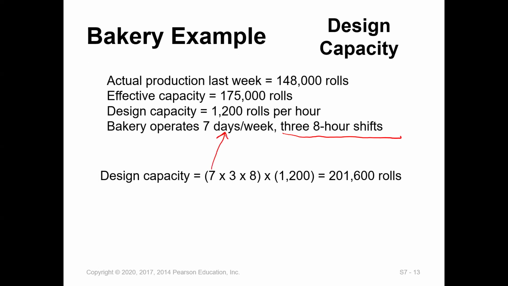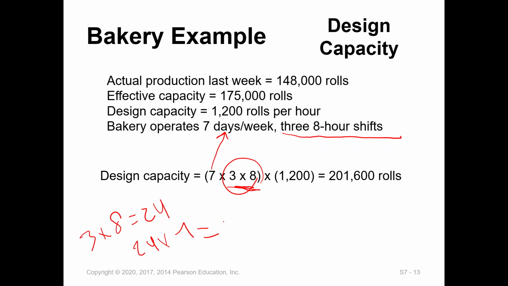So you need to multiply the number of days. How many hours per day? You don't take only 8 hours. You have three shifts, right? So it's 3 times 8. They are working 24/7. So 24 times 7, how much?